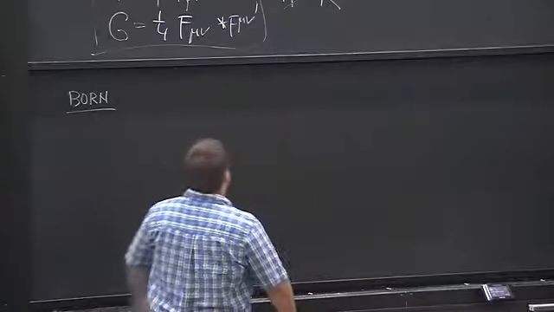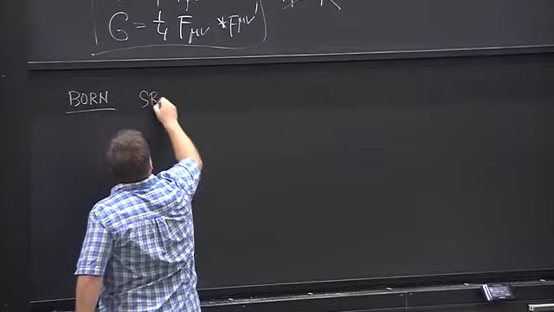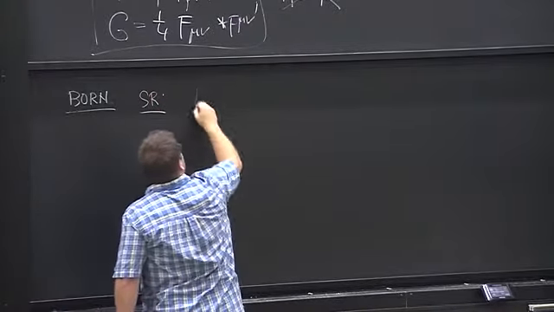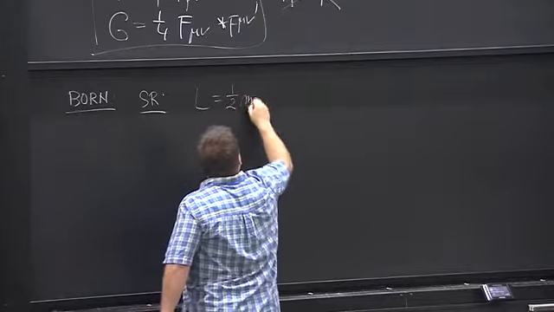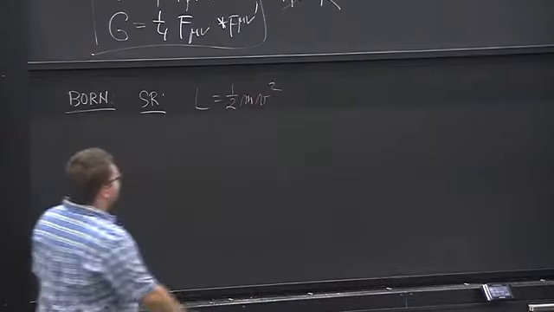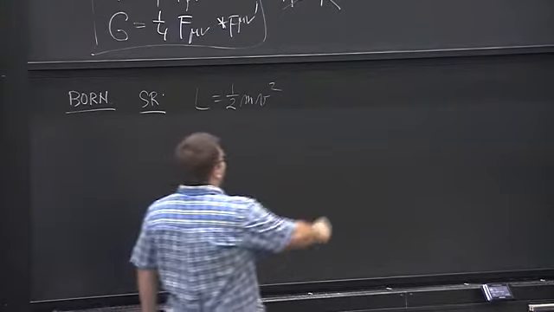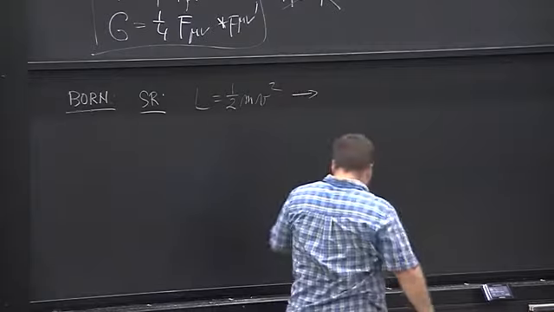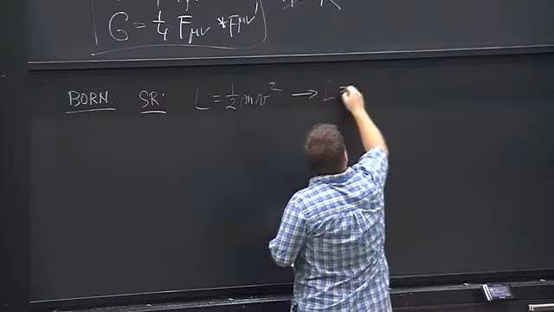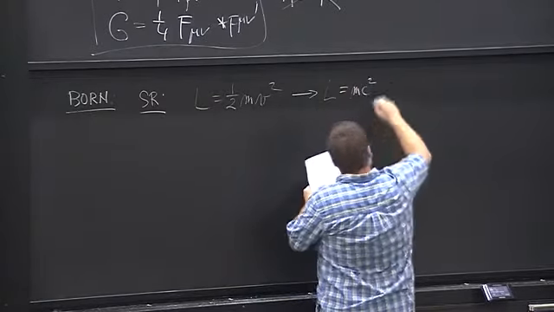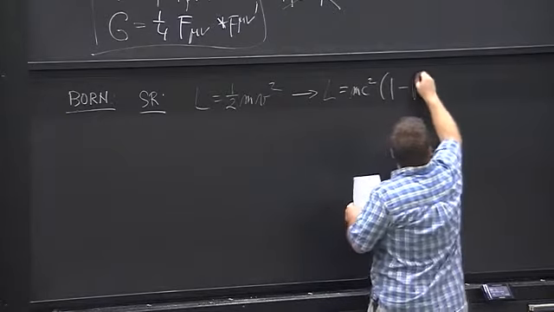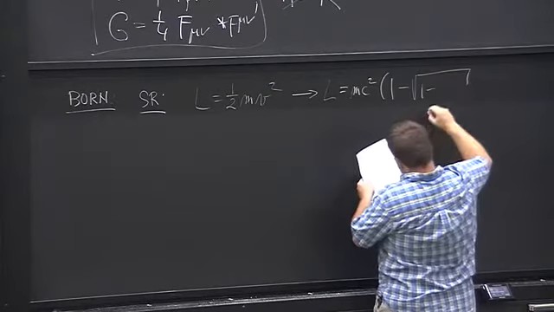And he says, motivated by special relativity, we know that all we have to do is this: my old stupid Lagrangian for a particle, 1/2 mv square, special relativity tells you that you should replace with mc square times 1 minus the square root of 1 minus v square over c square.